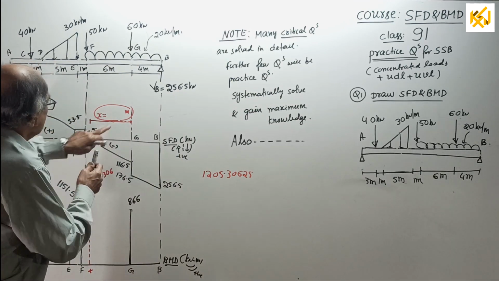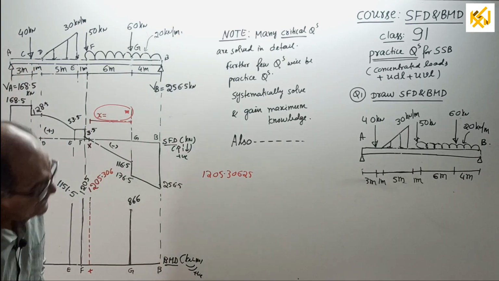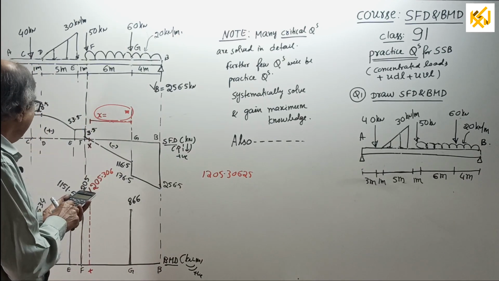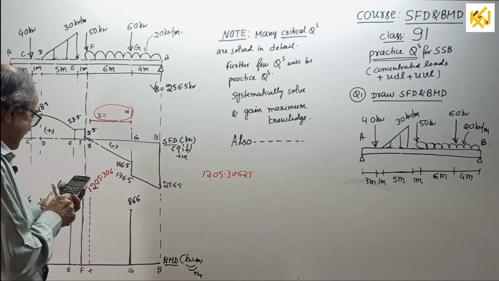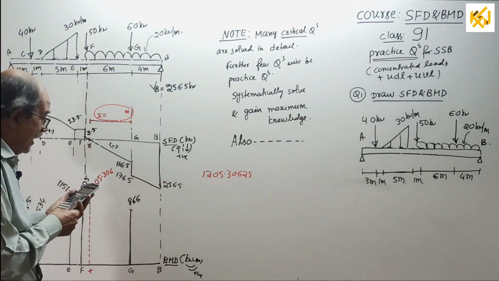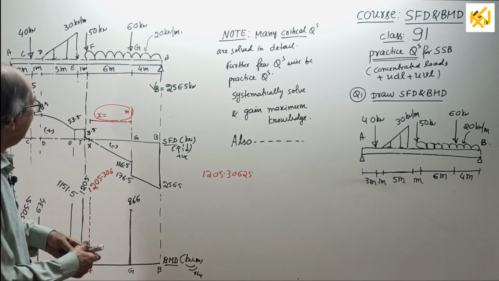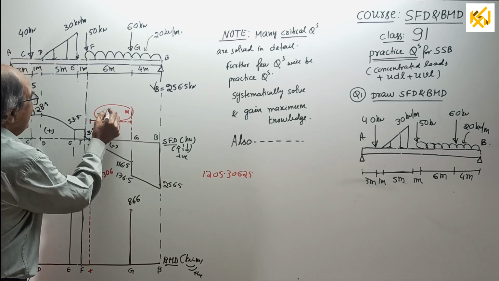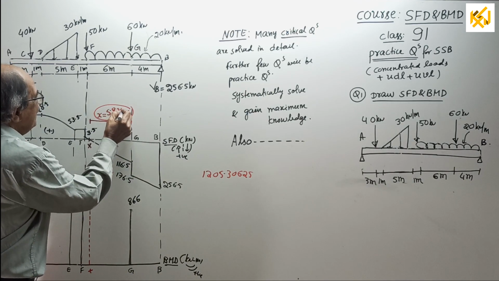Okay. Now, the way you have to calculate. How? Now I will locate the point. See, now I am locating the point. Some will ask, how is it possible without locating? 5.825 meter. This I should not tell.